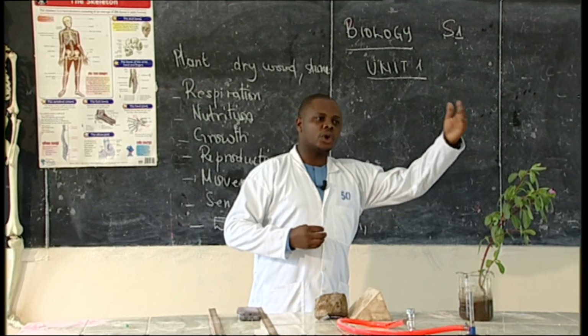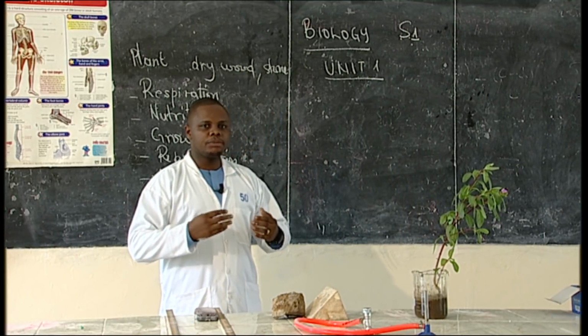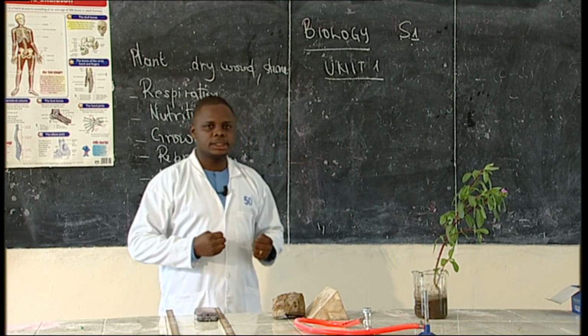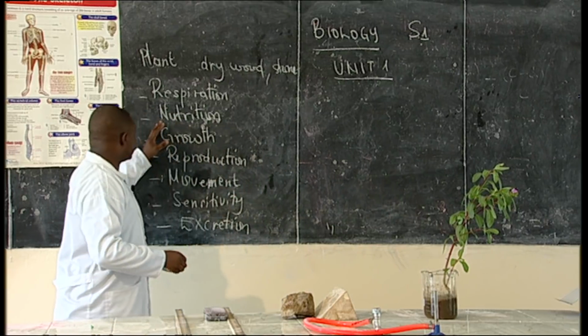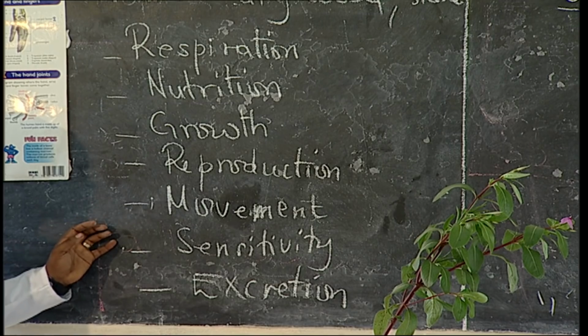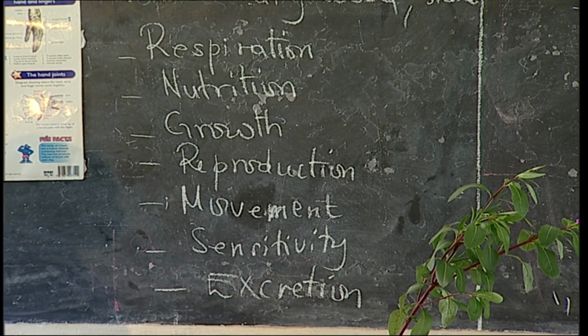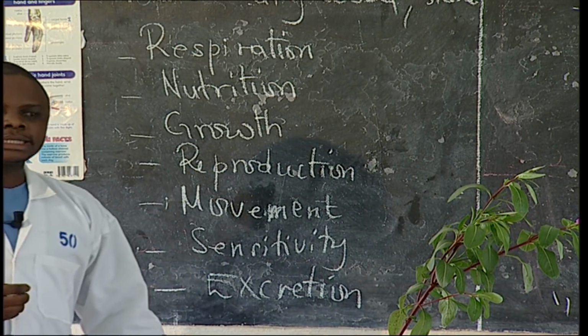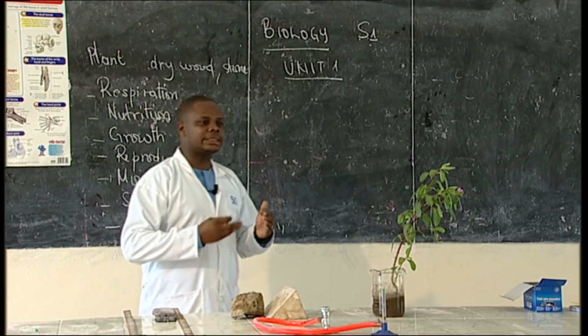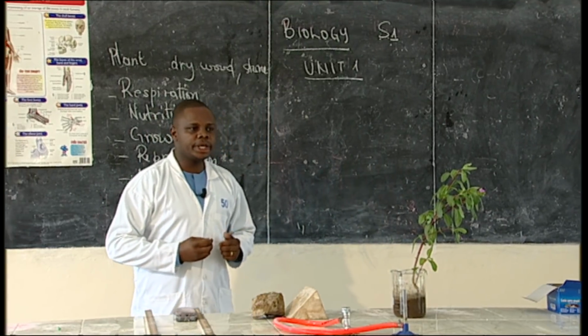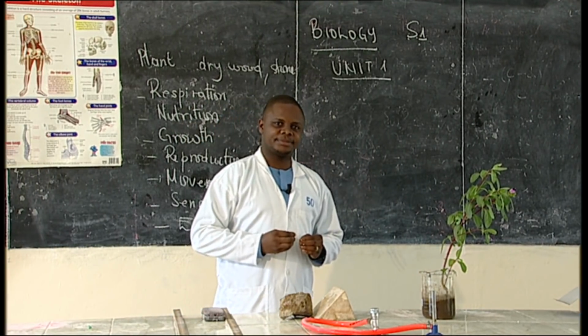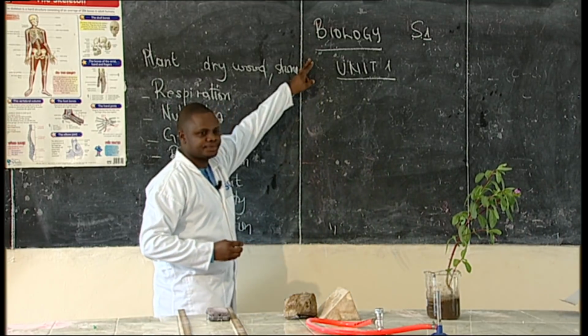Plants give out oxygen, animals give out carbon dioxide, and so on. So these 7 traits show that an organism is living. And in most cases, we talk about plants and animals in which subject? Biology. Very good.